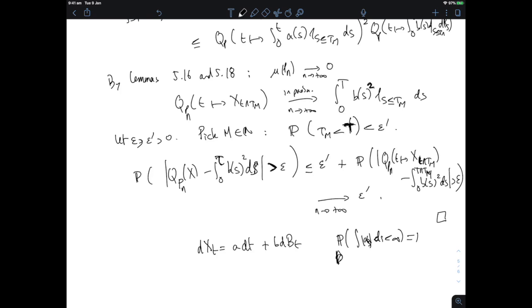Then the quadratic variation of this process is the integral of bs squared ds from 0 to t for all t in any finite time interval you might want to work on.